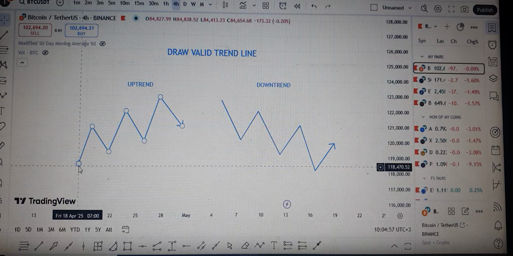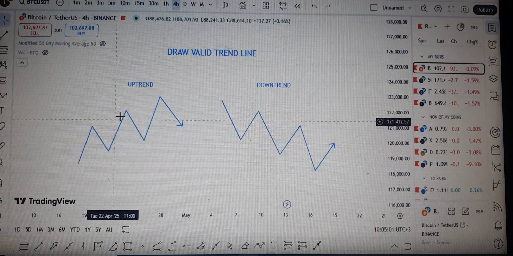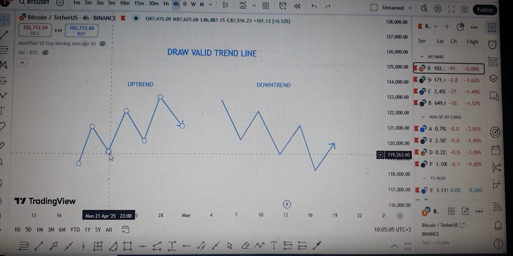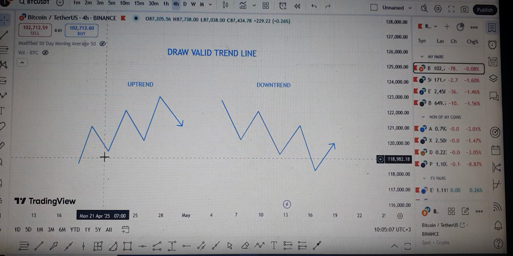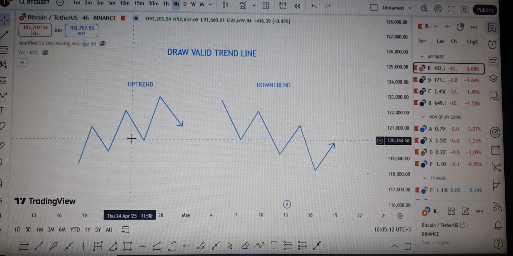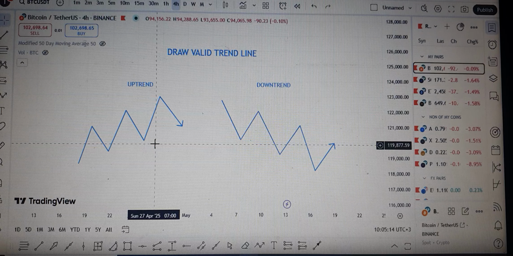Now we have a higher low, higher high, higher low, higher high, higher low. It should at least touch these two higher lows, so that the third one is the one that confirms the trend line, and then you start using that one as a valid trend line for trading.